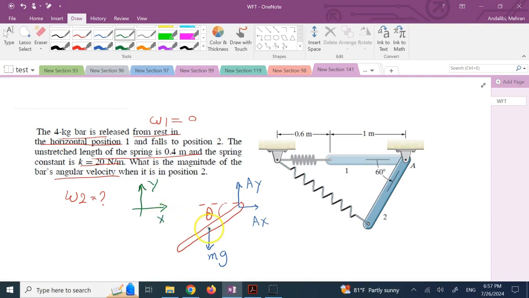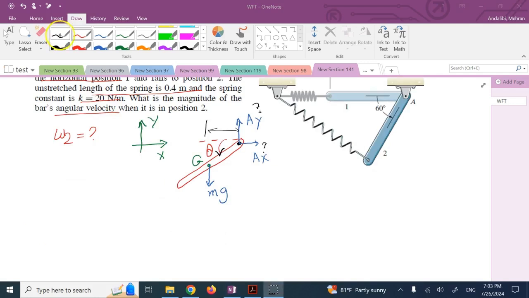And I would call this center point G. Now we write the work energy equation, which is W12 of all of these forces is equal to K2 minus K1. Now here, Ax and Ay will not do any work because they are applied to a fixed point. Only mg does work, and this should be equal to K2 minus K1, okay?